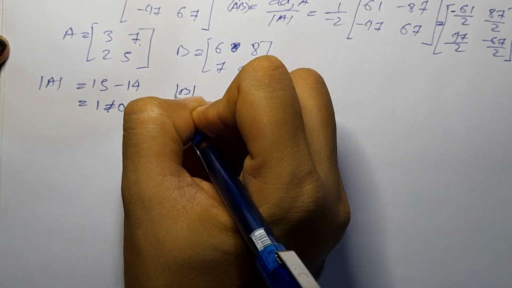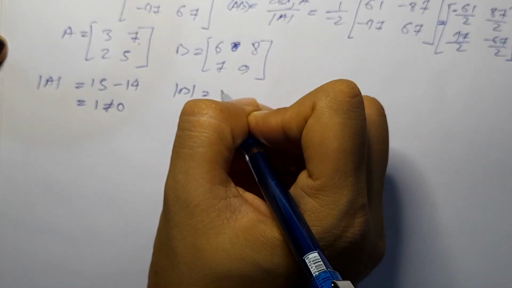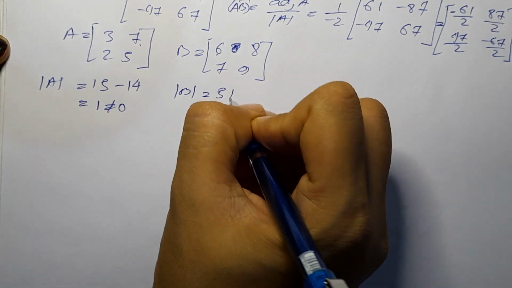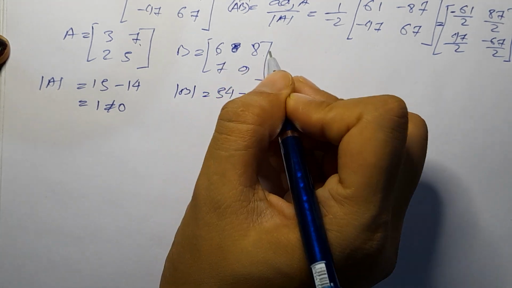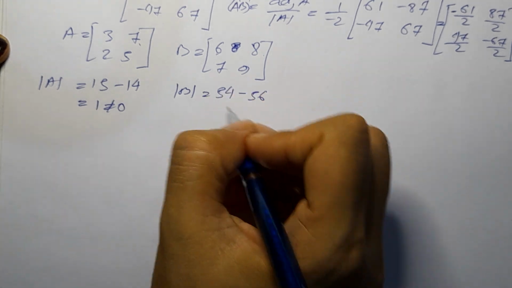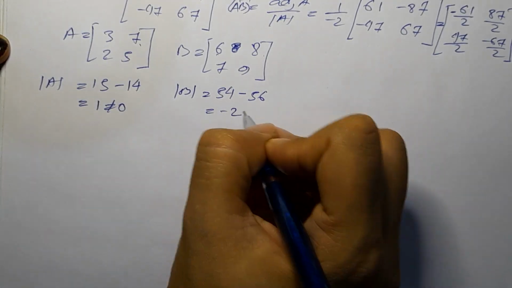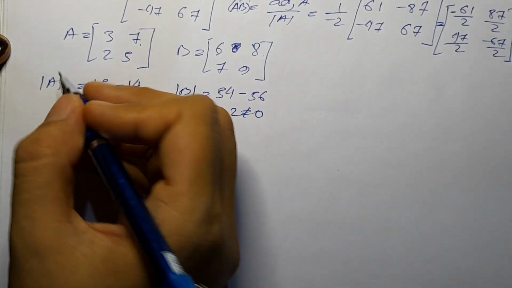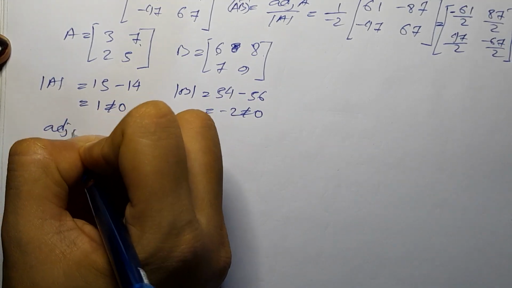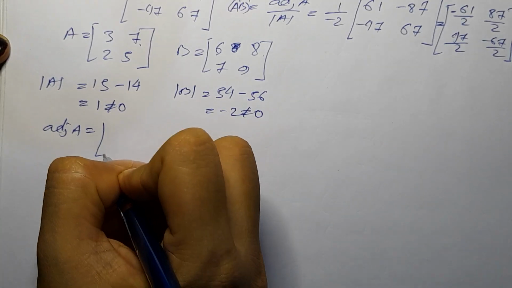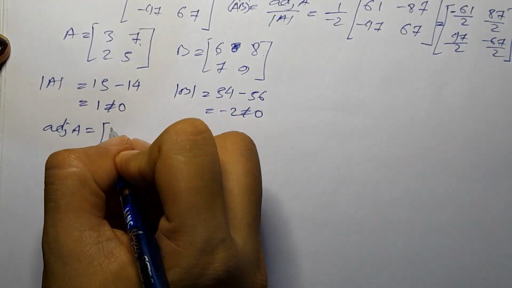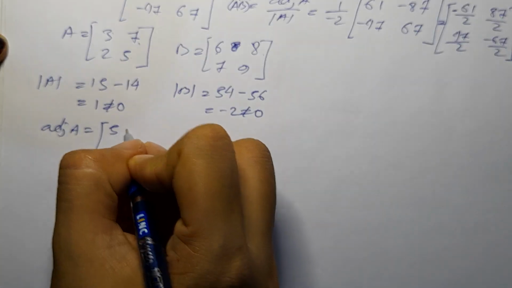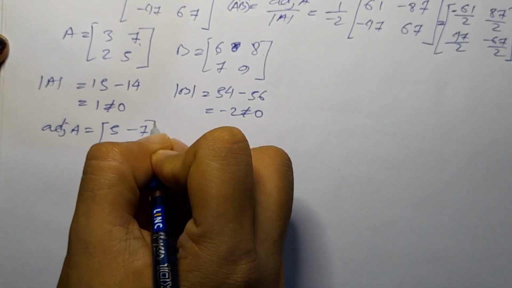The determinant of B is 54 minus 56, which gives minus 2, not equal to 0. So A inverse exists, and B inverse also exists. For the adjoint of A, interchange these two, 5, 3, and give the negative sign to the other two, minus 7, minus 2.